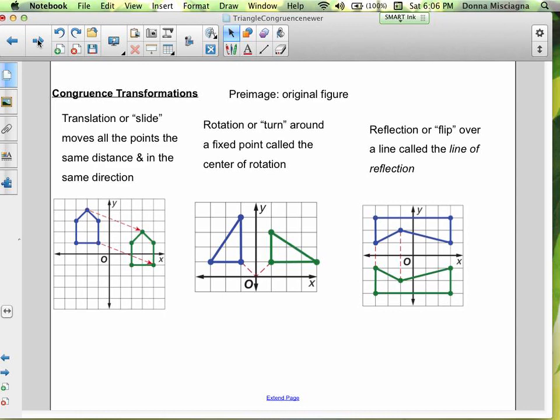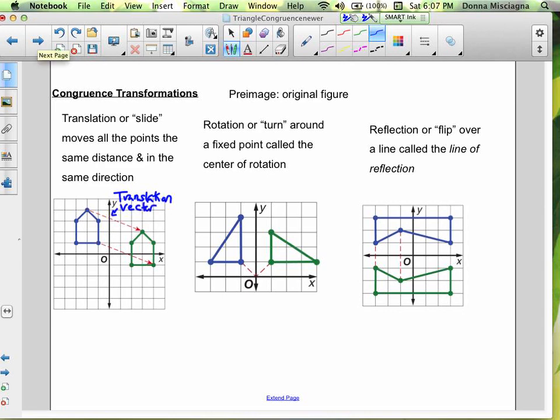Let's actually identify this particular translation. So remember, these are our translation vectors. That's what those are.